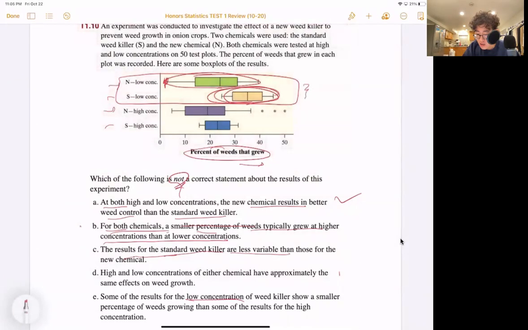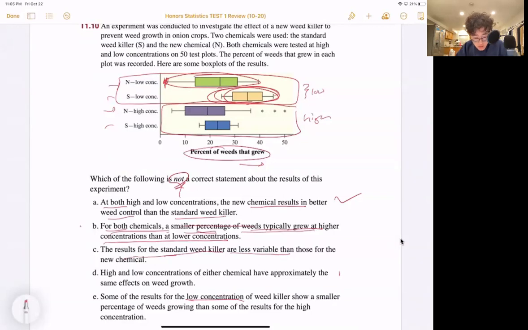So it's not a matter of low concentration versus high concentration. A small percentage of weeds typically grew at a higher concentration than at a lower concentration here.